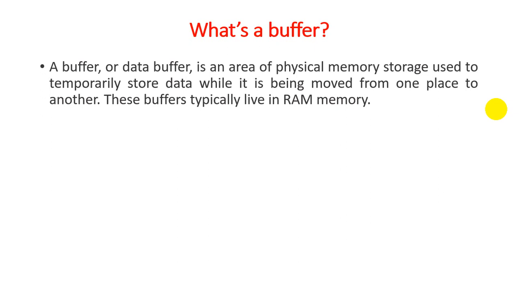These buffers typically live in RAM. In our computer system there are two different ways to store data, tangible and non-tangible. A buffer is physical, meaning we can touch that kind of memory.